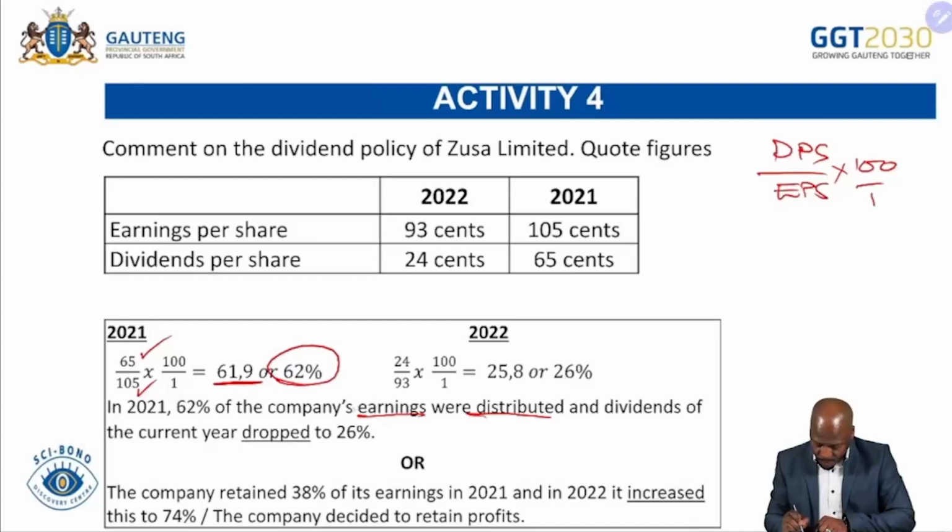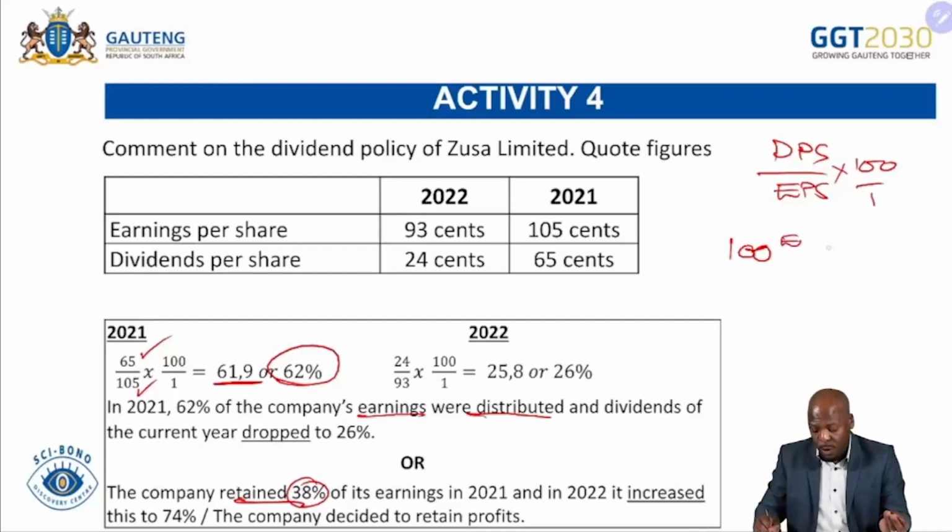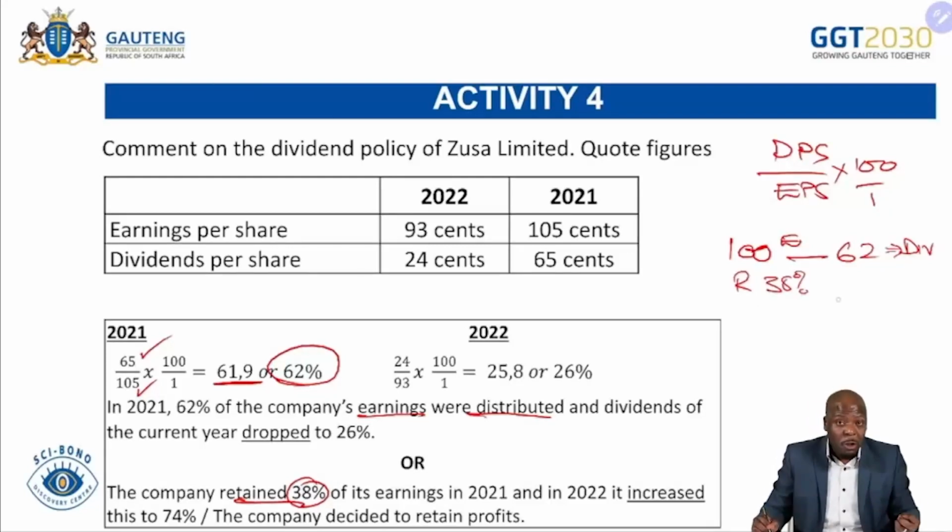Are you still with me? In 2021, they distributed 62%. That means they have retained 38%, because they have 100% of earnings to distribute but have given only 62% as dividends. To retain is to keep. They have kept 38%, for reasons such as expansion, or so that they have a better cash flow position.